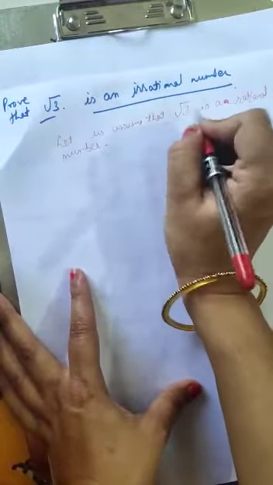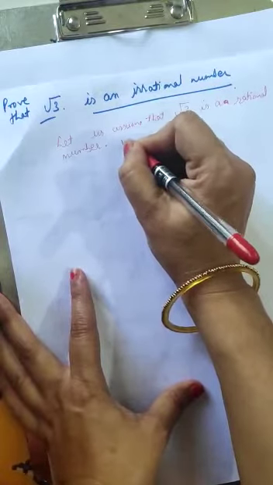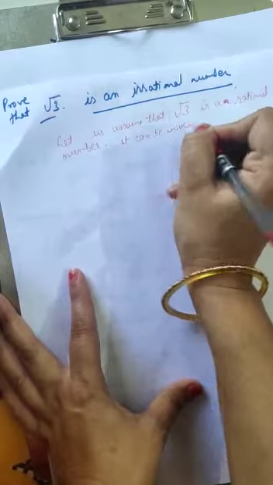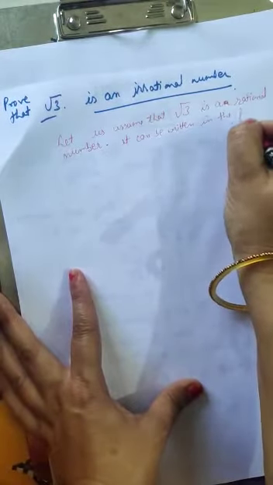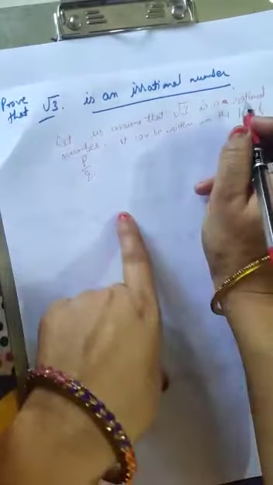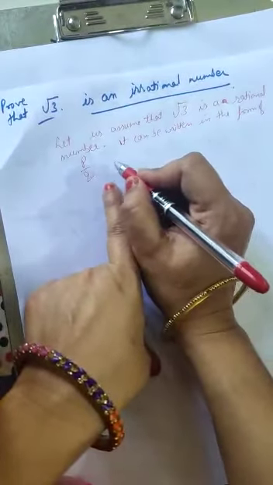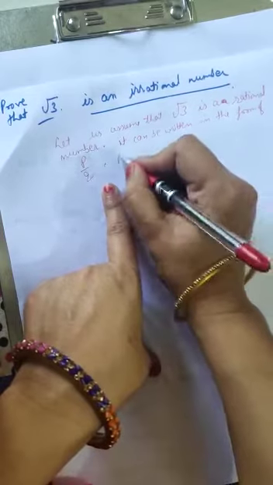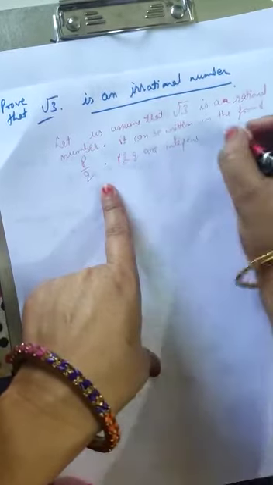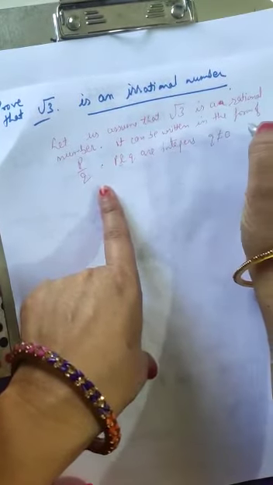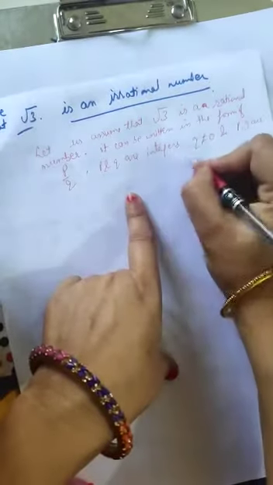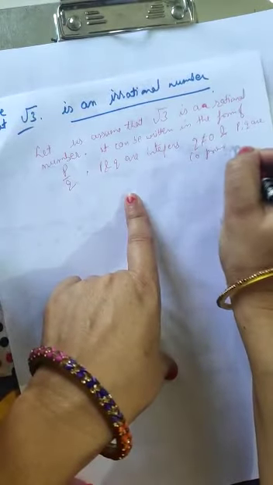Now it is a rational number means it can be written in the form of P upon Q, where P and Q are integers, Q is not equal to 0, and P and Q are co-prime numbers.